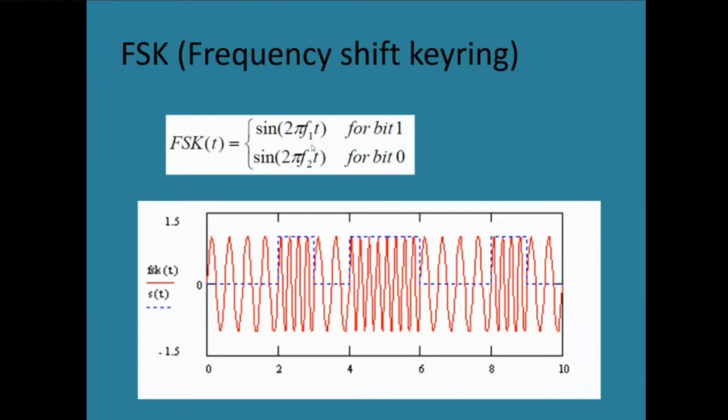F1 and F2 are two different frequency signals. In frequency shift keying, only the frequency of the carrier signal is varied, and amplitude and phase remain constant. See here, for this level, the same binary data, this is for 1.